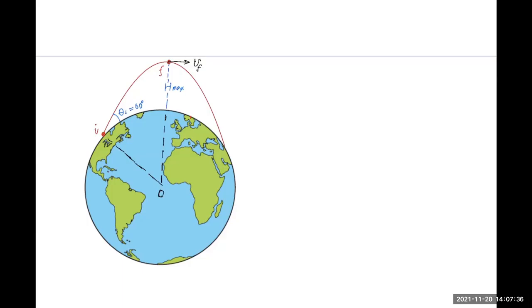That's R, the position vector R of the object. But the force of gravity points from the object back to the center of the Earth, right? So look at R cross F, that's the torque acting on this object.